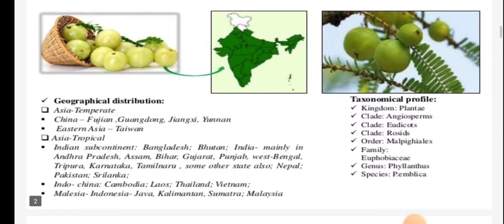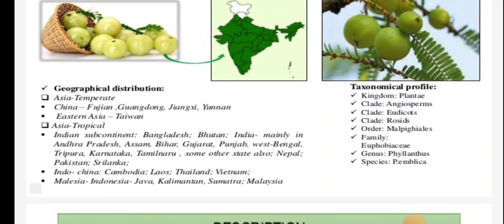Now the geographical distribution: it grows in the temperate region in China, different parts of Eastern Asia, Taiwan, then in the Asian subcontinent, Bangladesh, Bhutan, and in our India, in all states like Andhra Pradesh, Assam, Bihar, Gujarat, Tripura, Karnataka, right? Then in other countries.